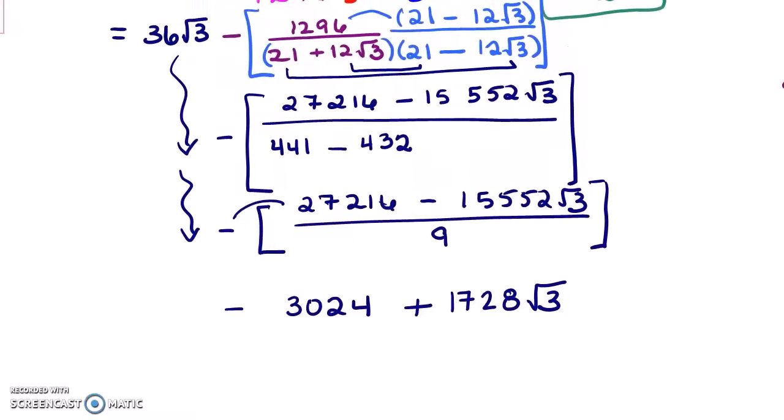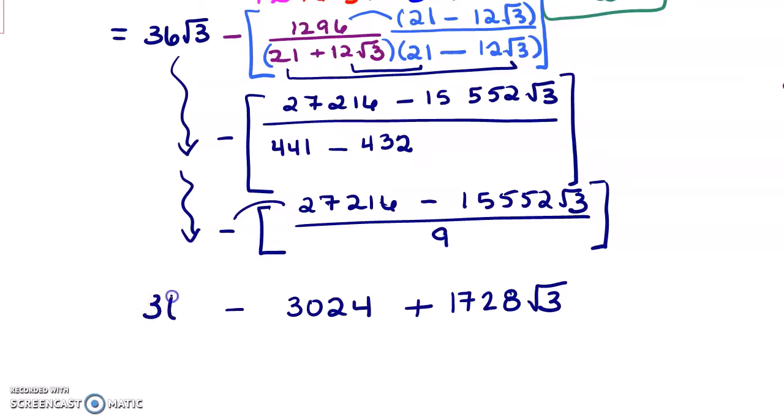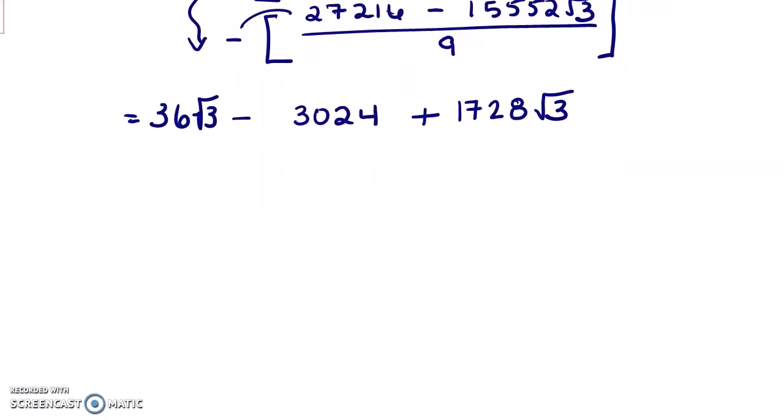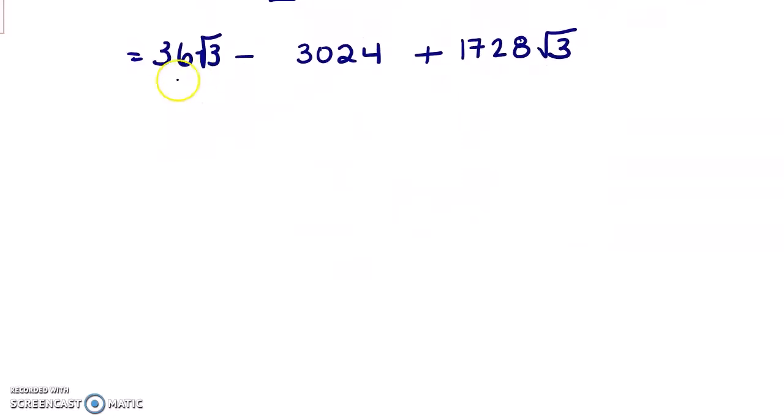Now I'm going to go back up here and fetch that 36 root 3. So this term and this term will combine. 36 and 28 is 64.